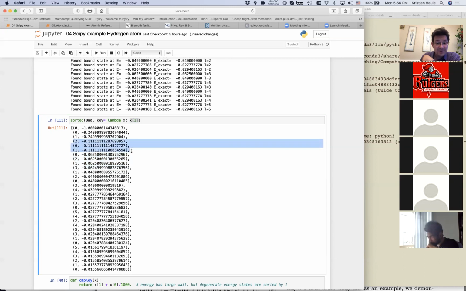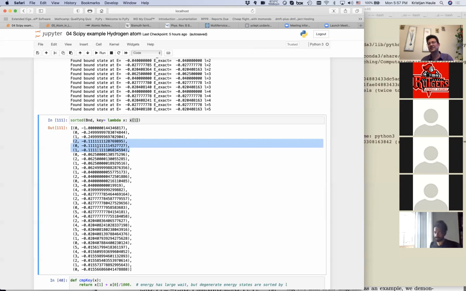Well, the issue here is that, of course, a hydrogen atom has accidental degeneracies, isn't it? So the energies of 2s and 2p are accidentally degenerate, and 3s and 3p and 3d are accidentally degenerate, and so on.